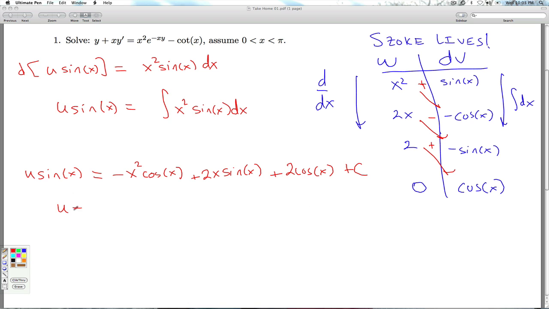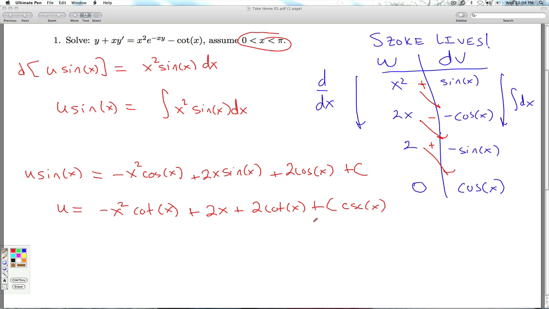So I can solve for u then by dividing through by the sine x. Once again, x is between 0 and pi, so sine isn't 0. This is fine. Minus x squared cotangent x plus 2x plus 2 cotangent x plus c cosecant x.